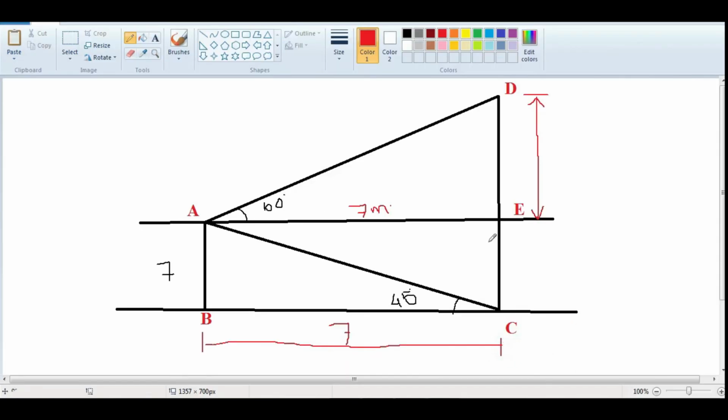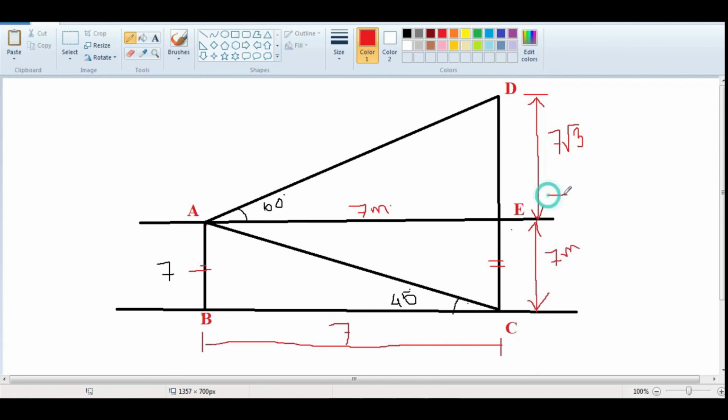Now in the diagram we have got this portion that is 7 root 3 meter, and this portion, the remaining portion to complete the entire tower, it's CE. This length is how much? It's already given in the question that this length is 7 meter, and you can see over here it's forming a rectangle ABCE. So the opposite sides will be equal. So this side and this side will be equal, so it will be also 7 meter.